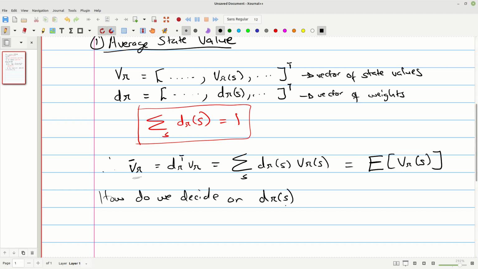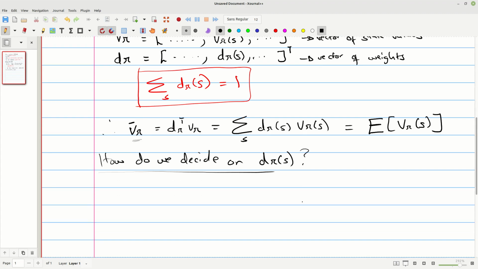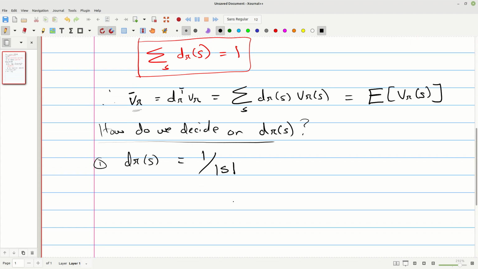One representation of this would be to say, number one, d pi of s equals 1 over the cardinality of s. Here that just means we're treating each state equally. We're not giving the states any kind of preference. But of course, this is a huge assumption to make because in most problems we'll find that some states are more important than others in any case.